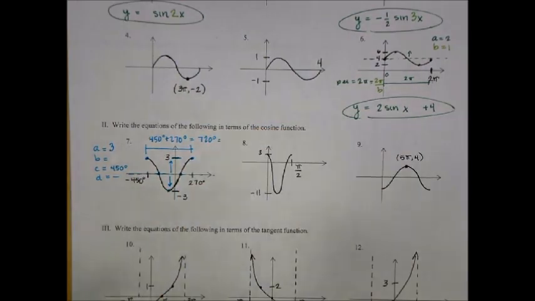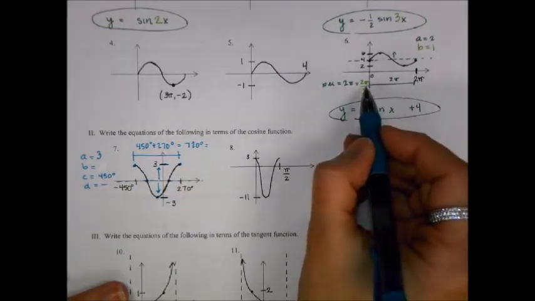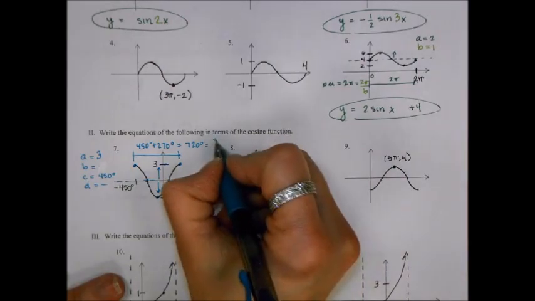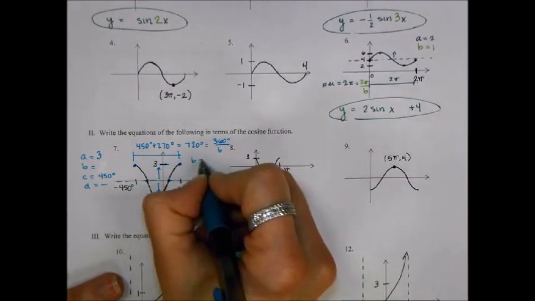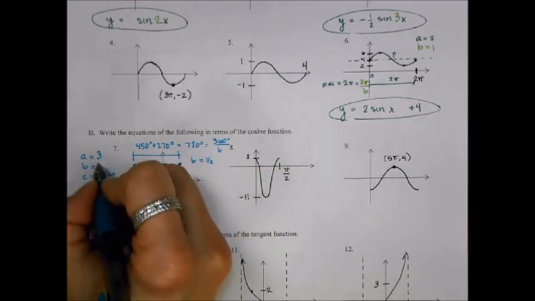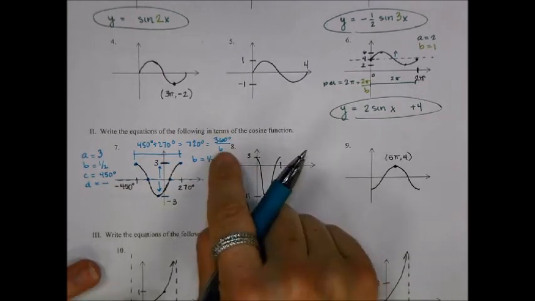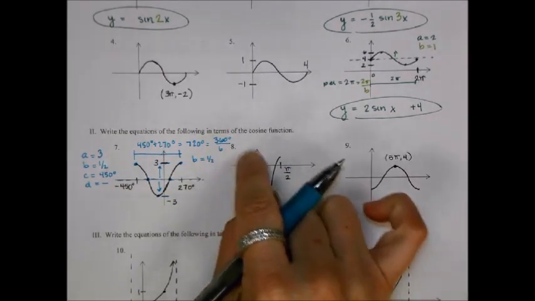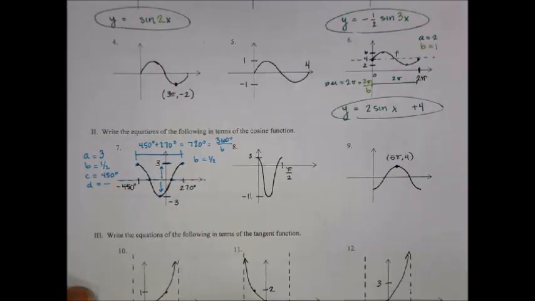And so instead of 2 pi over b, 2 pi is 360. 360 divided by b. So you'd have to divide by 1/2. Right? Dividing by 1/2 is the same as multiplying by 2. 360 times 2 is what makes 720 there. So the b value is going to be 1/2.